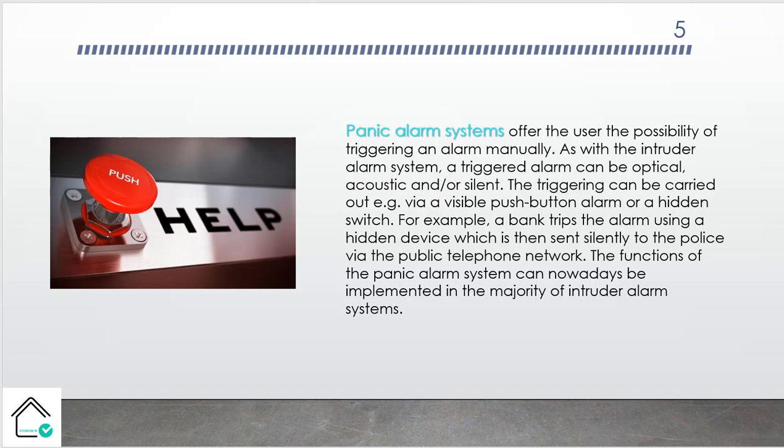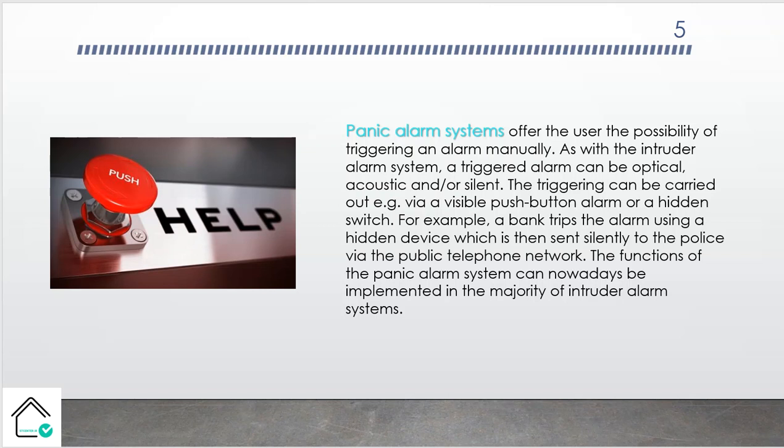Then another concept we have in security and safety systems is the panic switch. Panic alarm systems offer the user the possibility of triggering an alarm manually. Okay, for example, you are in a building and you feel scared about something happening, you can press the panic switch. As with the intruder alarm system, a triggered alarm can be optical, acoustic, or silent.